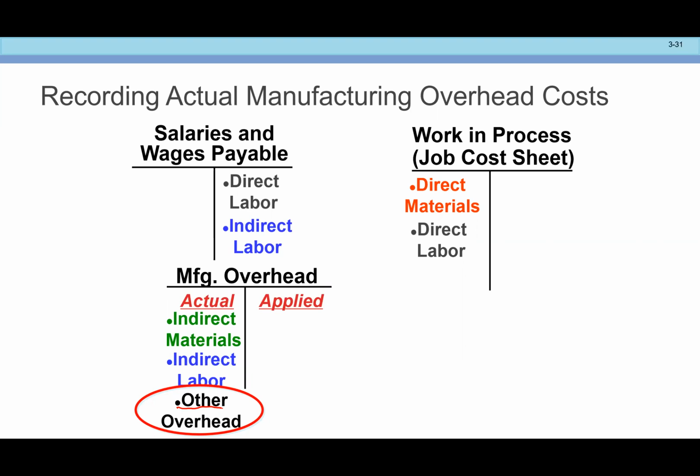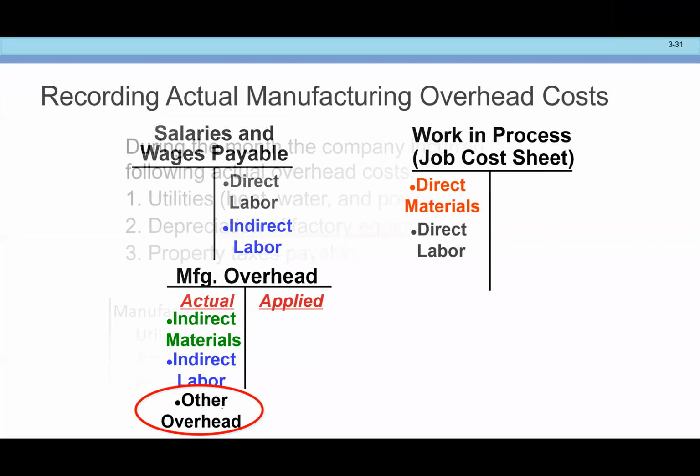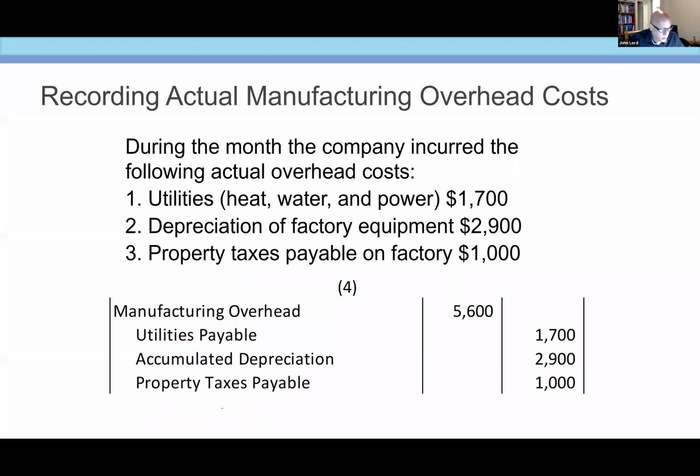Good. Utilities, depreciation, property tax, right? Since you can't allocate those directly to each job, you set up the payables or the accumulated depreciation for that, and then you debit the manufacturing overhead.